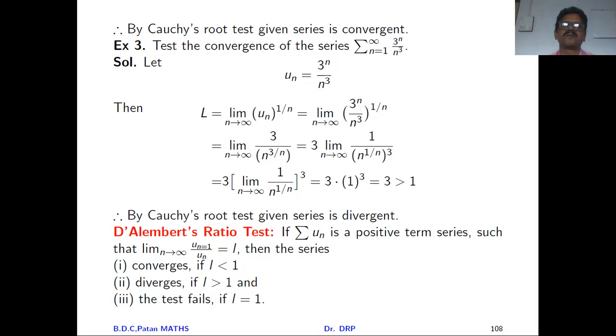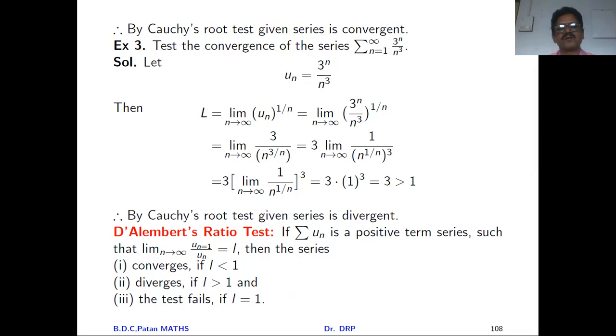If L is greater than 1, then we say the given series is divergent. And if you get L equal to 1, then we can't say whether the given series is convergent or divergent. Its meaning is the test fails to give the information about the convergence or divergence of the given series.